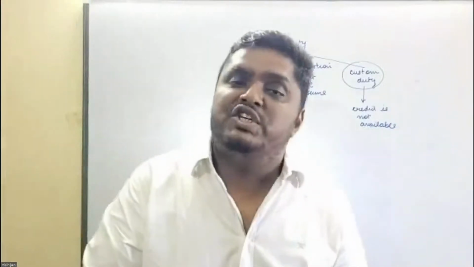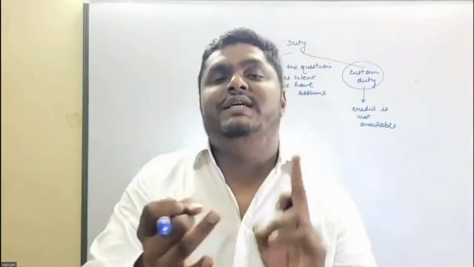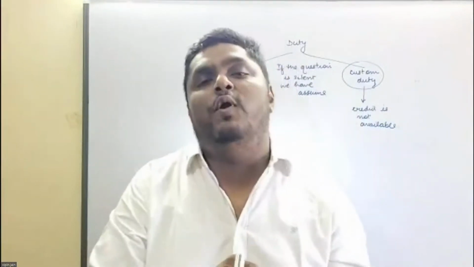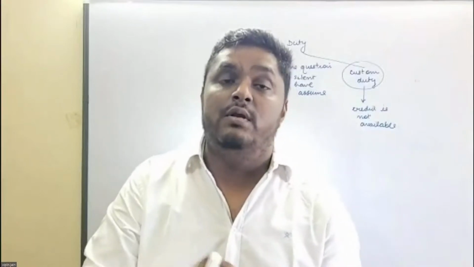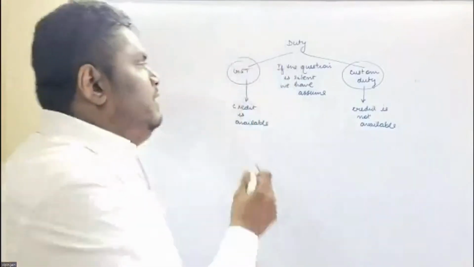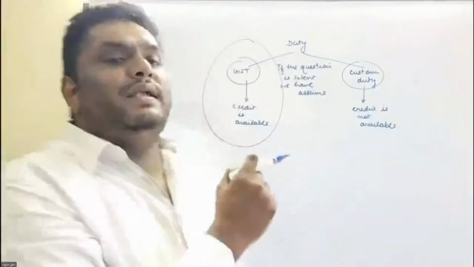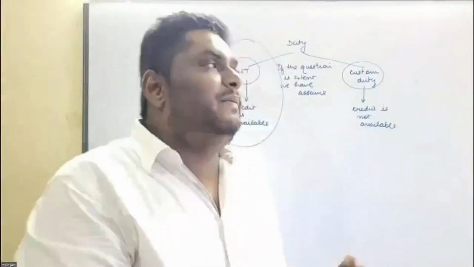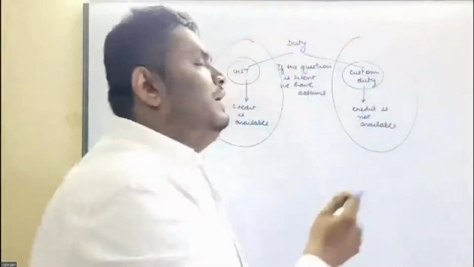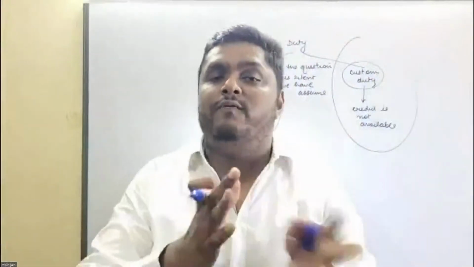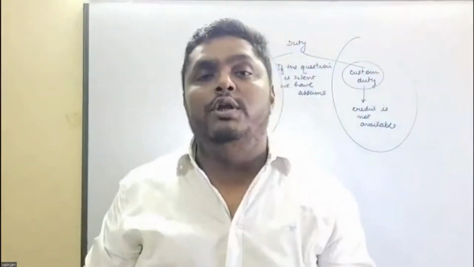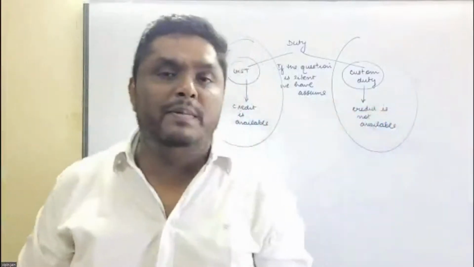So if instructions are given in the question relating to GST and customs duty, you have to follow them. But if the question is silent, we assume that the GST credit is always available and the customs duty credit is not available. This is the most important point when talking about the duty part. So I request you guys to please copy this part.